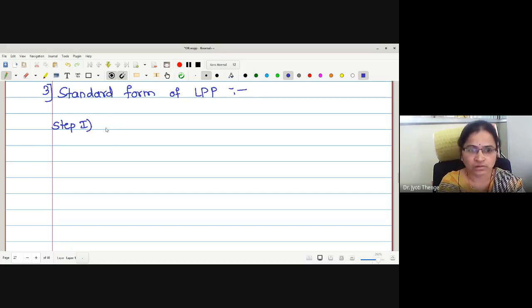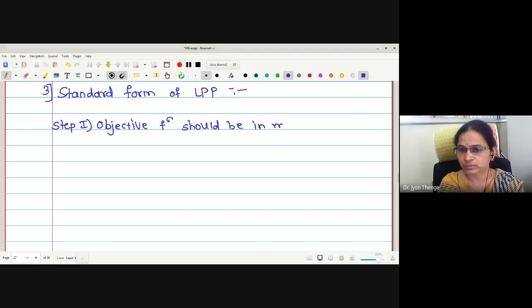Step 1. For the sake of convenience, we will write that objective function step in the starting. Objective function should be in the maximization form. But sometimes it is given in the minimization form also. Then what to do?